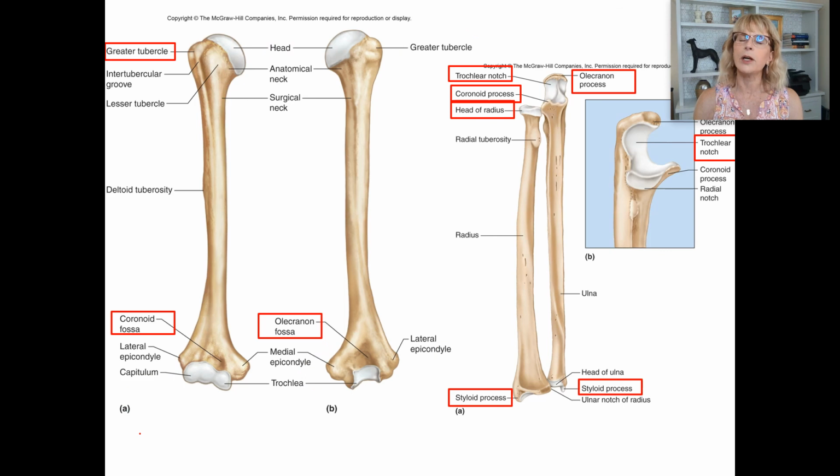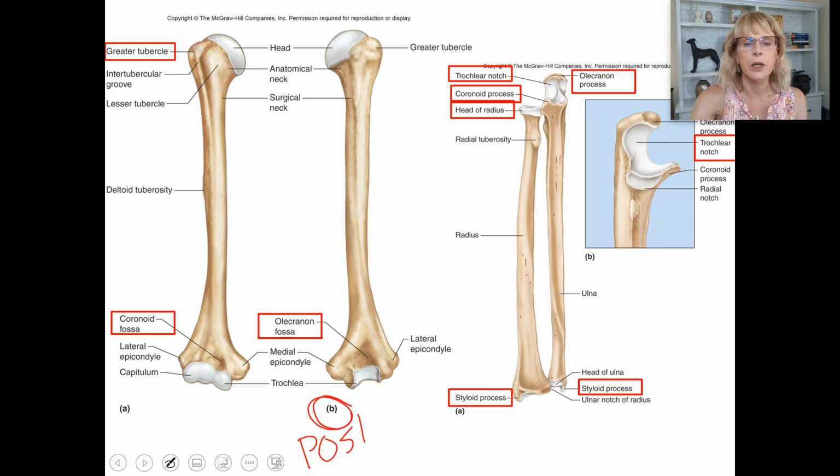Well, the way that I would recommend is if you know which direction you're looking at things, you'll know what you should be able to see, right? If you're looking at the humerus from the back, this is from the posterior. From the posterior, you cannot see the lesser tubercle. So if I'm pointing at something, it must be the greater tubercle or the head, okay?